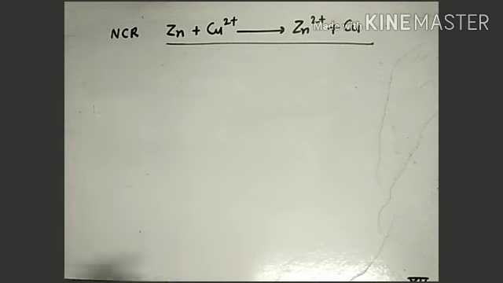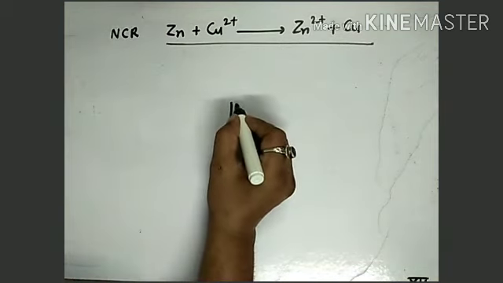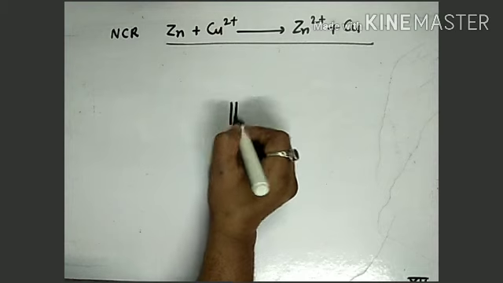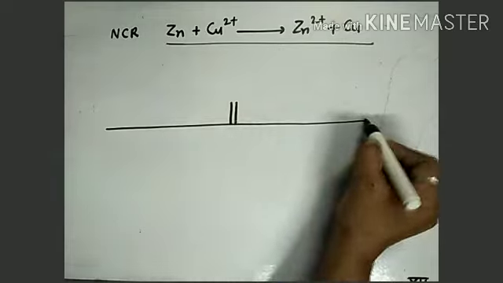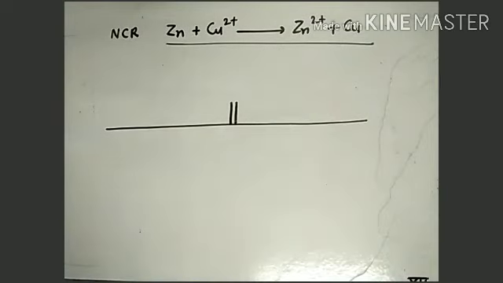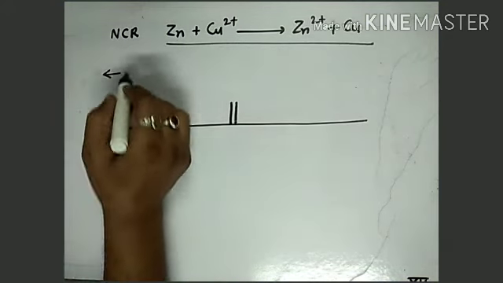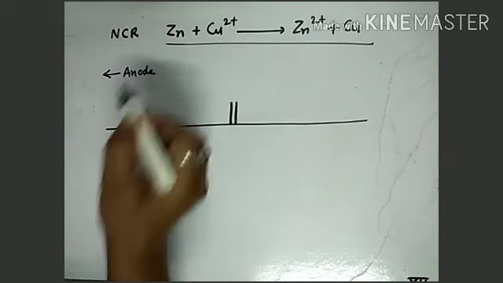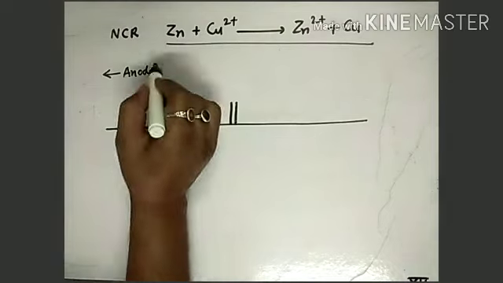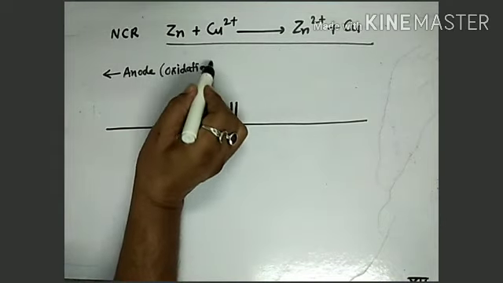First of all, you make two vertical lines like this, and one horizontal line, and this left portion is always considered the anode, where the oxidation reaction always takes place, right?